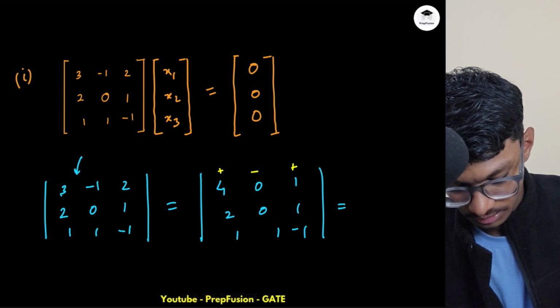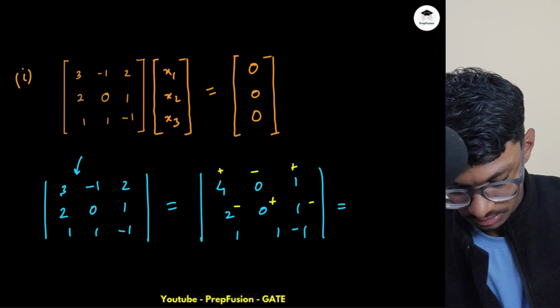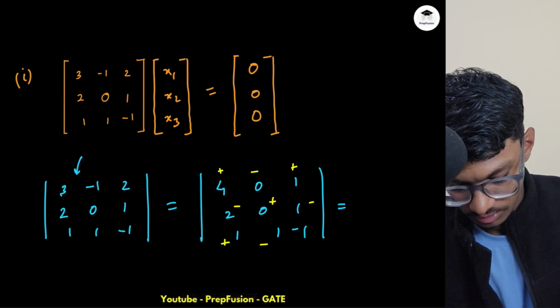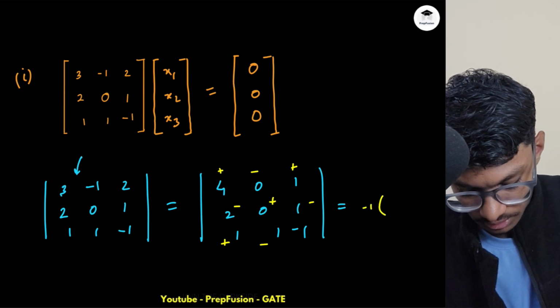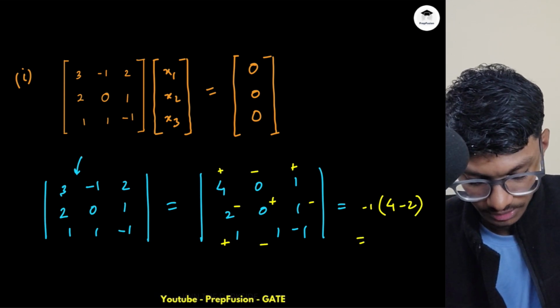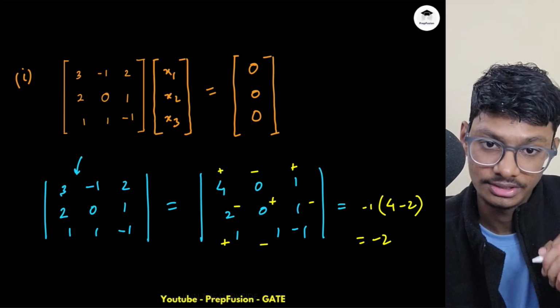Plus minus plus minus. So this will be minus only, right? Minus plus. So this will be minus 1 into 4 minus 2. So this is simply equal to minus 2, right? So my determinant is equal to minus 2.